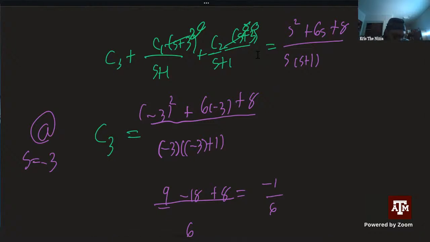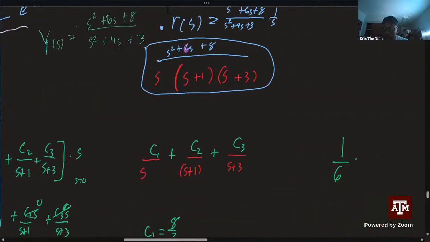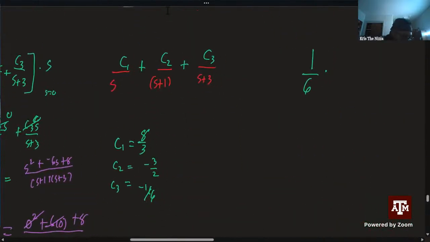So now you have 1/6 times, oh, let me scroll back up. Sorry about that, y'all. I have 1/6 times 1 over S, or negative 1/6 times 1 over S.